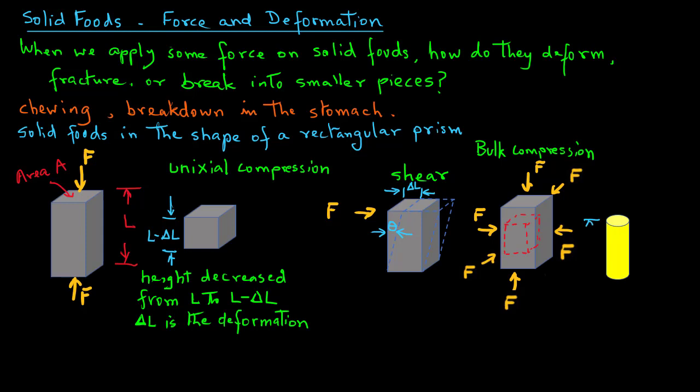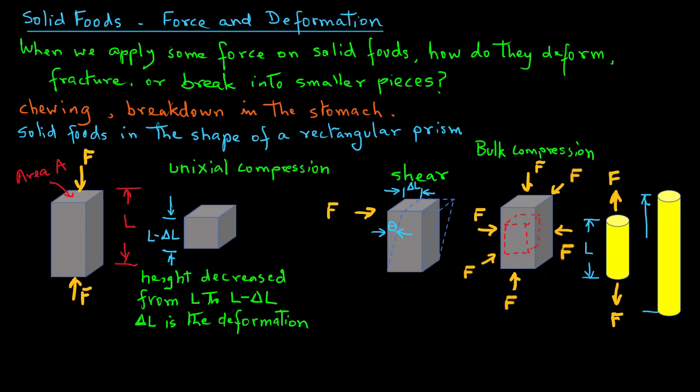Another situation is where we take a solid material, let's say in a cylindrical shape, and if we apply force on both top and bottom faces, in other words, we are pulling it apart, so we are subjecting this material to tension, then the length L increases by the amount that it deforms.